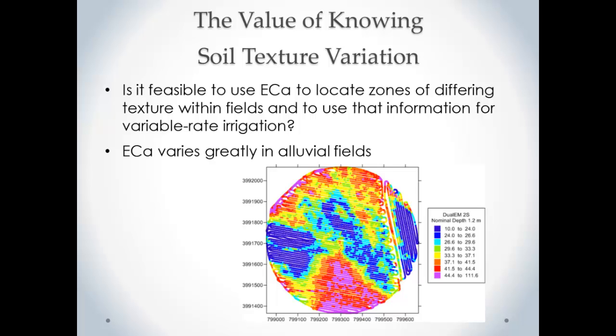You'll often get a lot of sorting of fines to coarser texture materials within a field, and many of those same fields are also under irrigation, and so the EC can be used to develop a potential plant available water holding number, and then in some areas of the country they're actually using this as the basis for doing variable rate water irrigation on these fields. So that's one application of this.